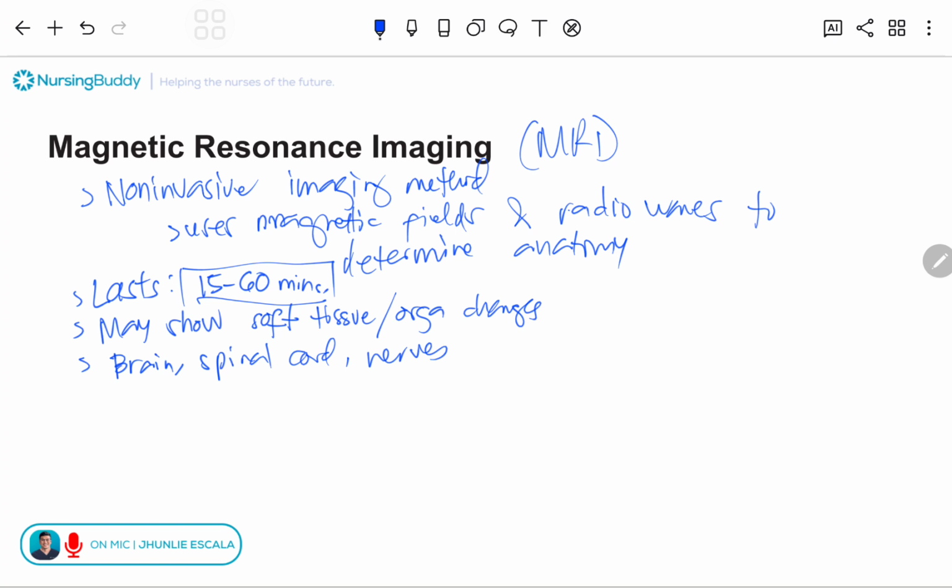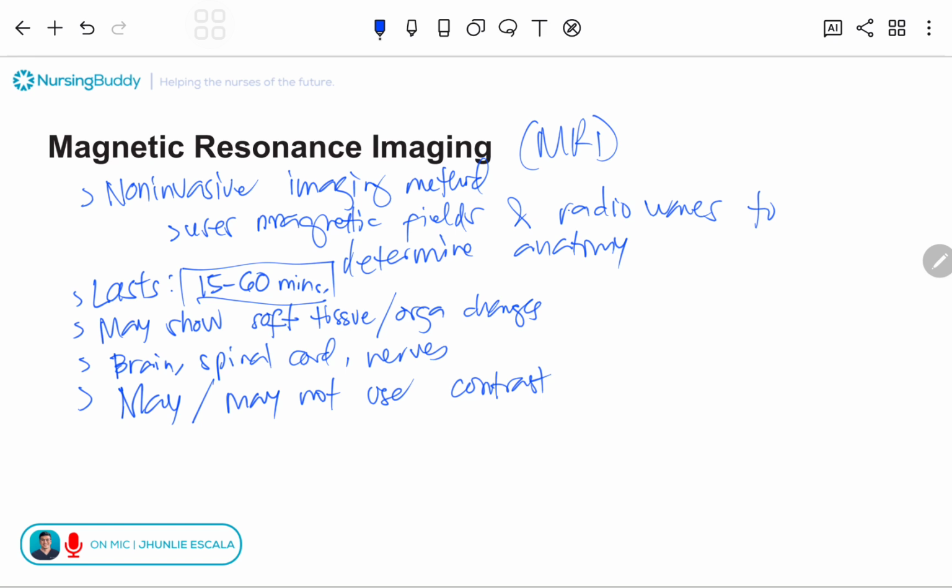And ang ating MRI, remember, it may use or may not use your contrast. Okay, so that's a big thing there. So, pwede siyang gumamit ng contrast, pwede rin hindi. So, tandaan natin yan.